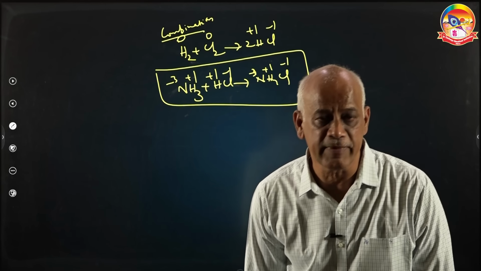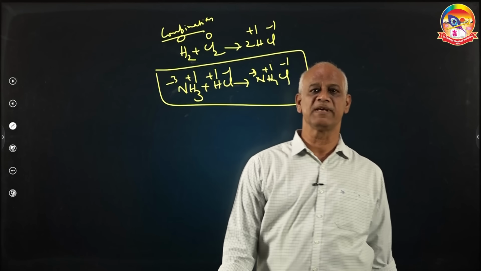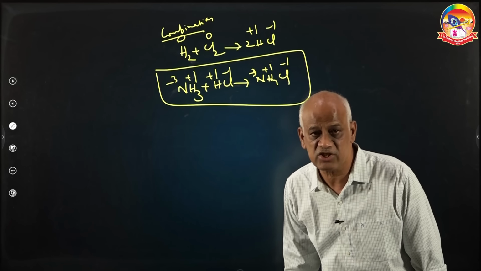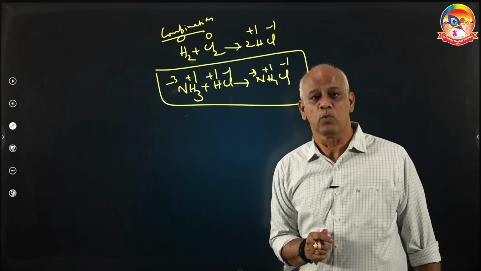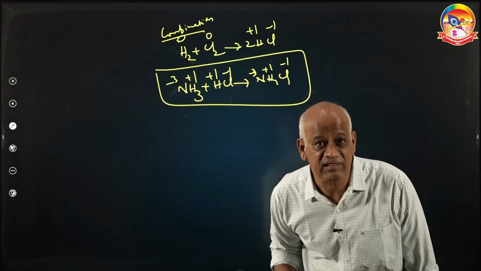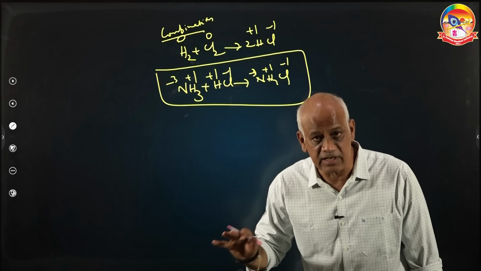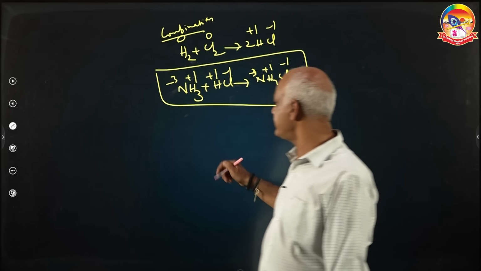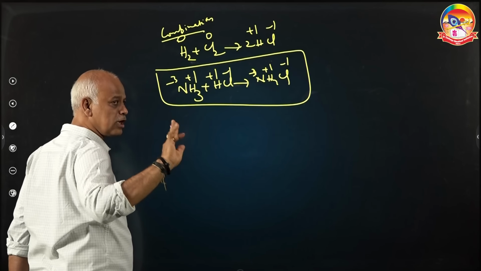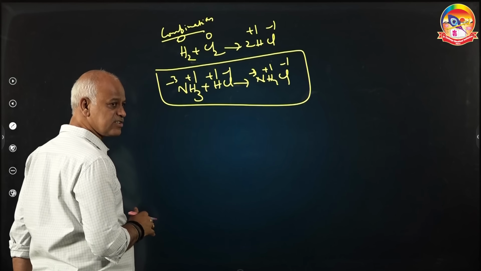So every combination reaction need not be a redox reaction. Hint for you: in a combination reaction, if at least one of the reactants is an element, then it is a redox reaction. Here both are compounds, not elements, so it is not a redox reaction.